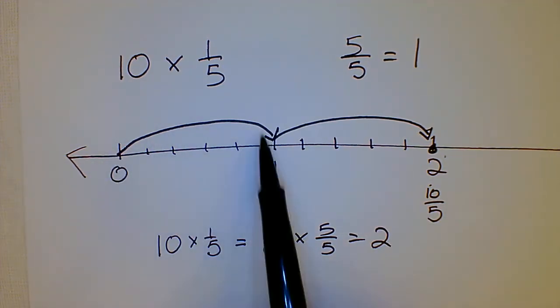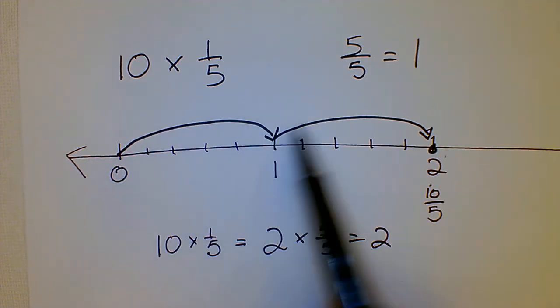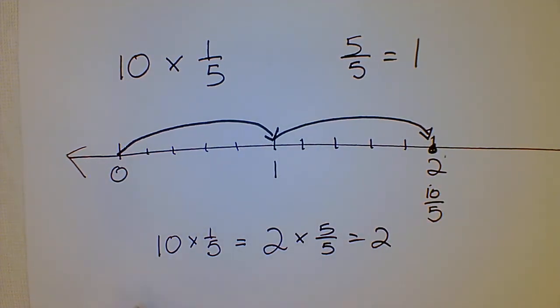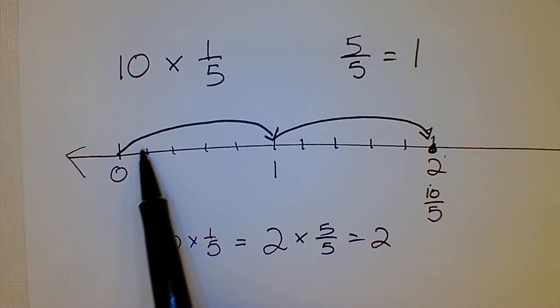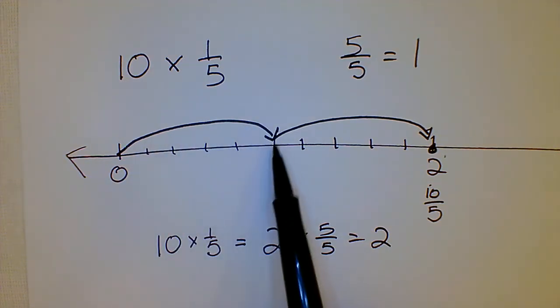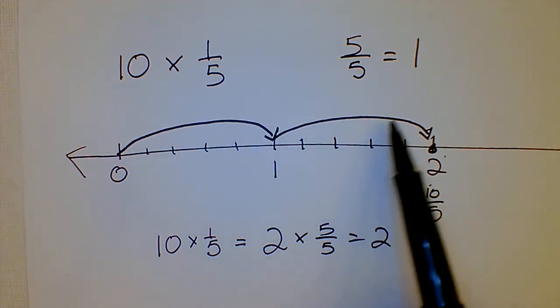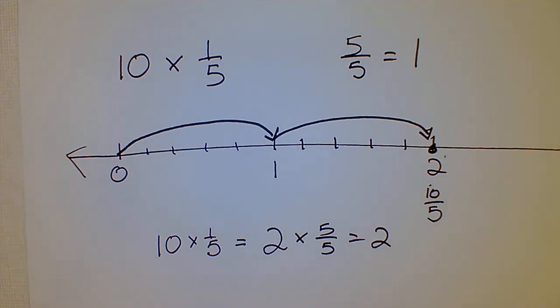Because we did 5 fifths and another 5 fifths, so we did 5 fifths 2 times. Versus, say, doing 1/5, 2 fifths, 3 fifths, 4 fifths, 5 fifths, 6 fifths, 7 fifths, 8 fifths, 9 fifths, 10 fifths. Okay. Now, here's the thing.